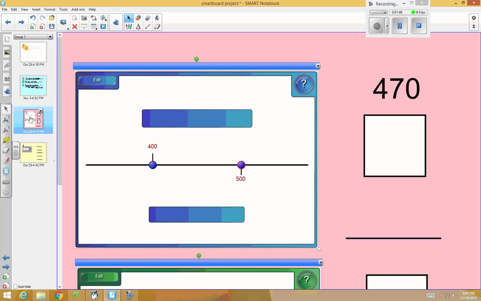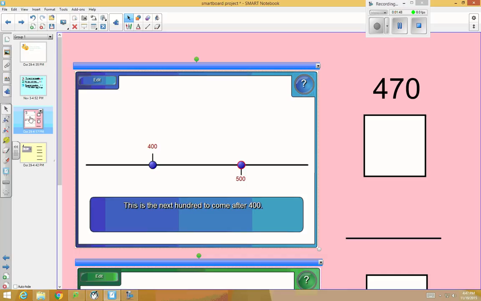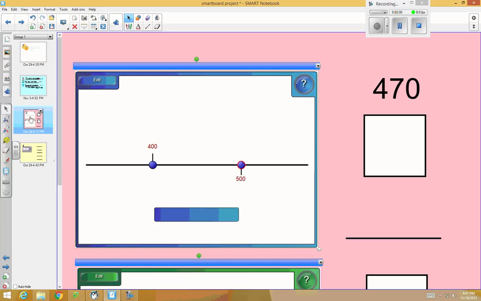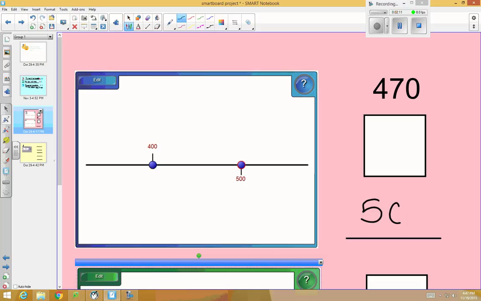The next hundreds place would be 500. So if we draw a number line like this, we write the 400 and write the 500. And then rule number 2 says that we look at the number that's in the tens place, which is a 7. So because it's a 7, what do we do? We will round up to 500.